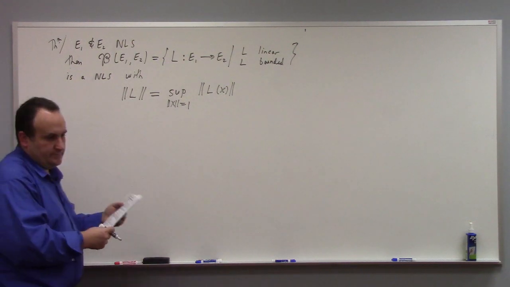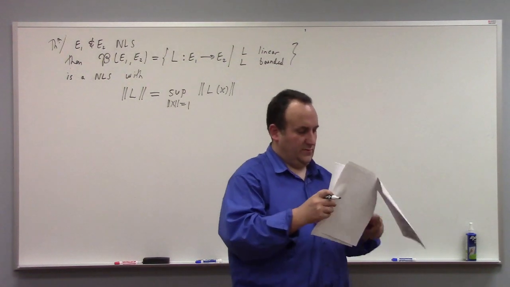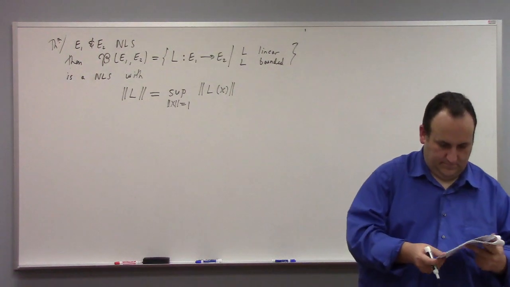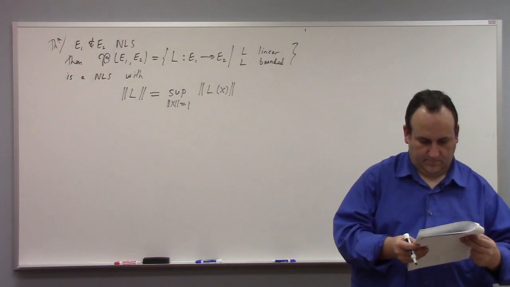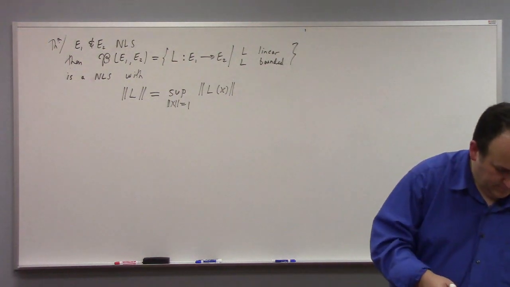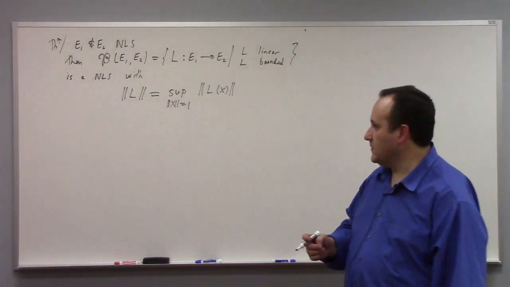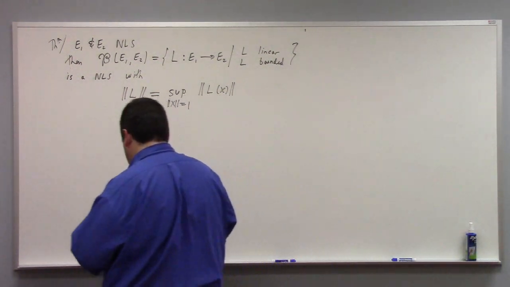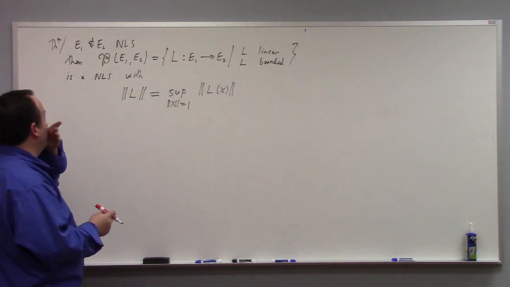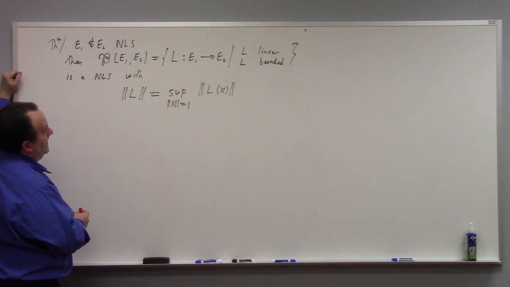All right. Let's see if we can prove this one. So what is needed to prove here? The only thing we're changing is that this norm is not defined by the max, it's just defined by the least upper bound now.